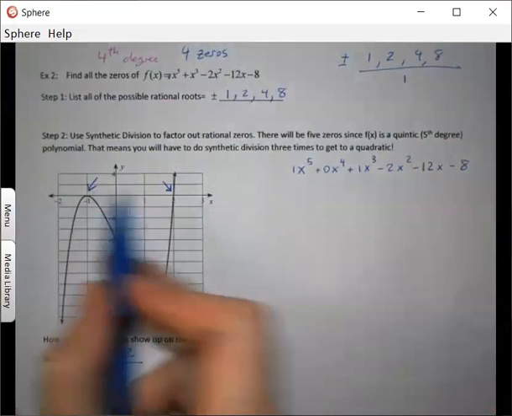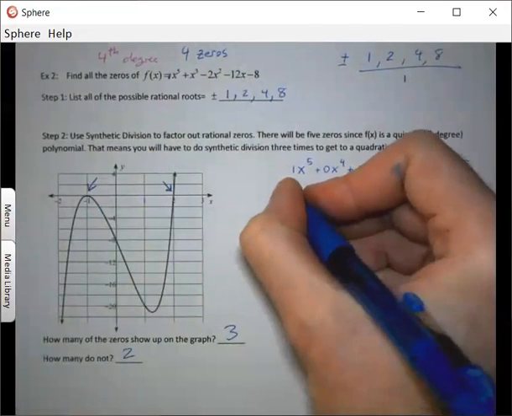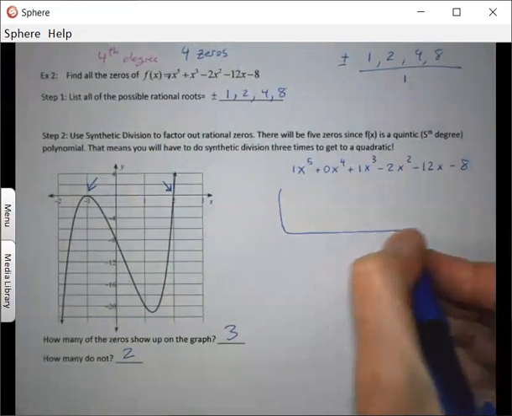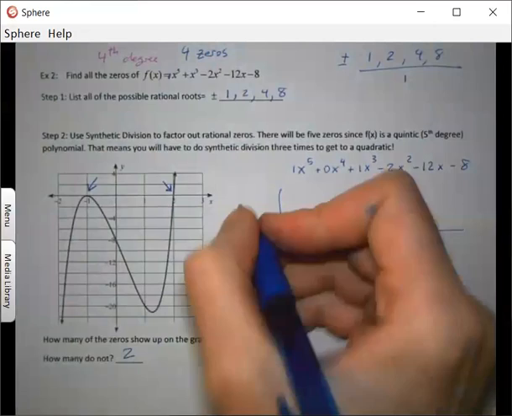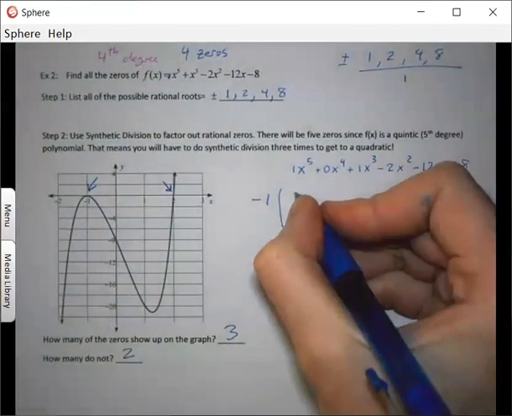So we're going to use the roots we know. Use synthetic division. Those are the coefficients.